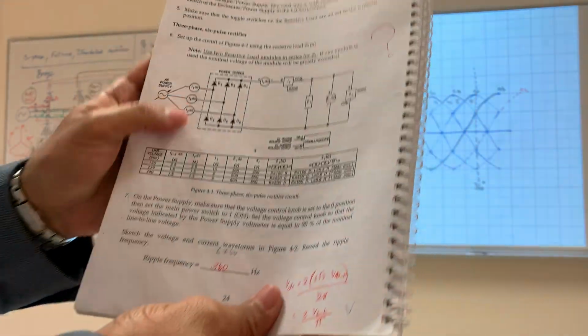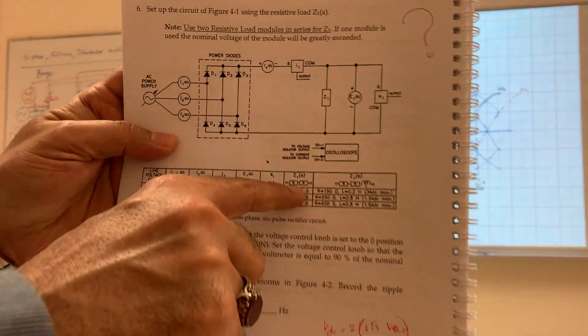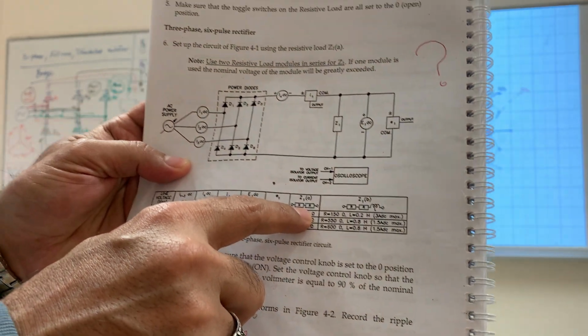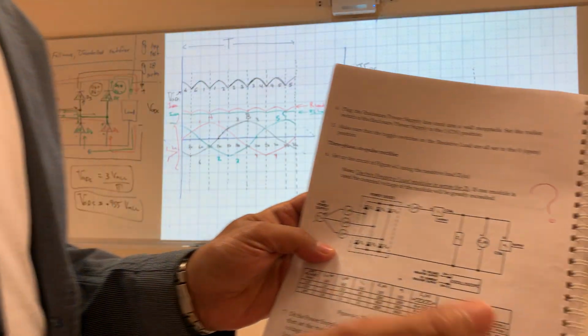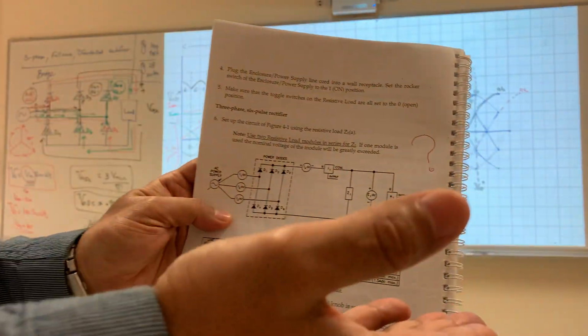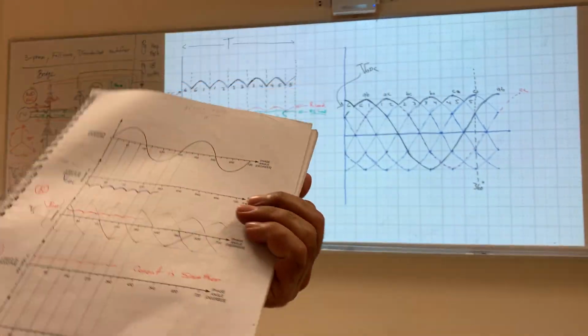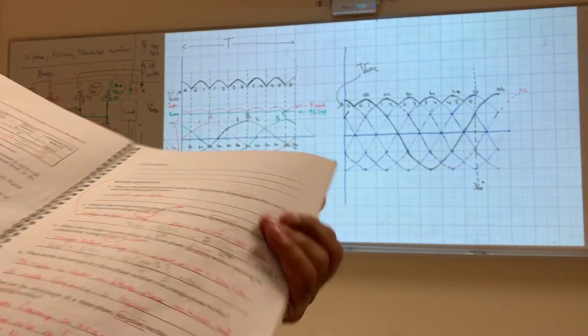And you can notice now that they ask you to connect two resistive loads in series, where each resistive load is 150. So 150 plus 150 is 300. You can use 300 immediately from one box, but the output voltage will be huge. The output voltage, guys, will be huge.